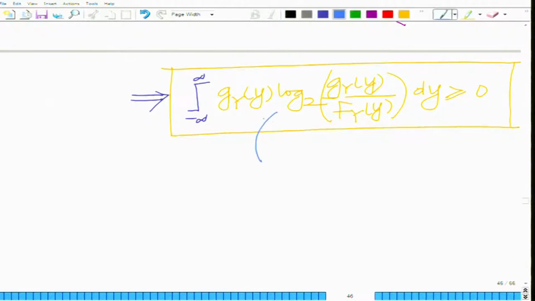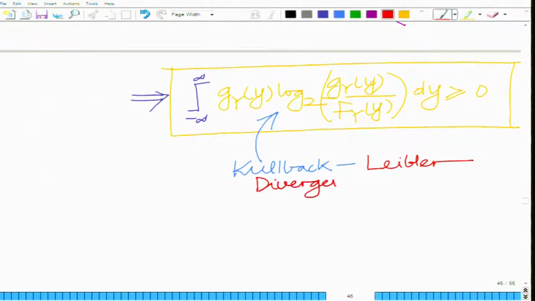This quantity is known as the Kullback-Leibler divergence, denoted by D. So this is the Kullback-Leibler divergence, and this is always greater than or equal to 0.